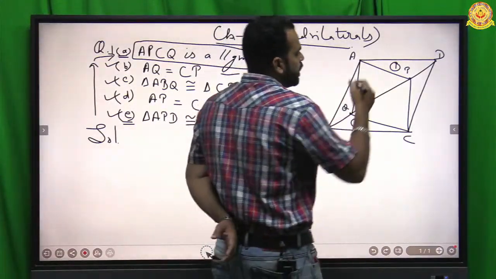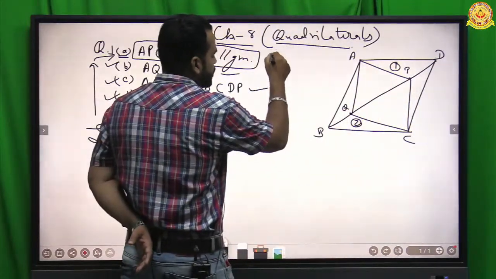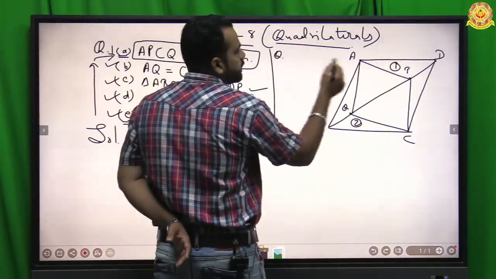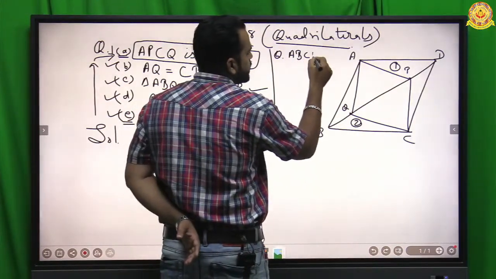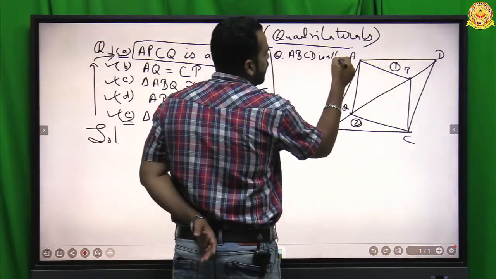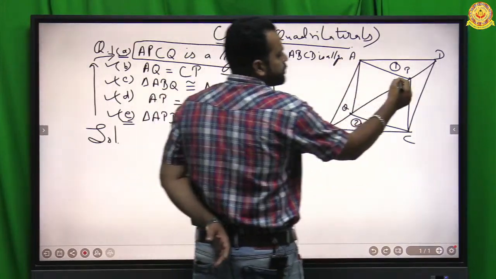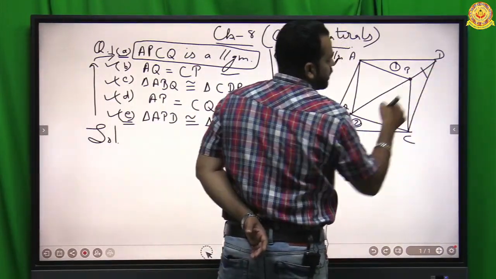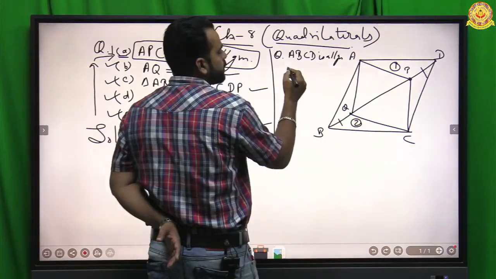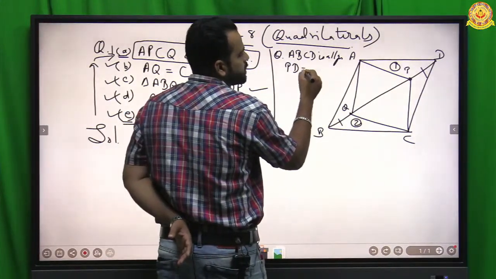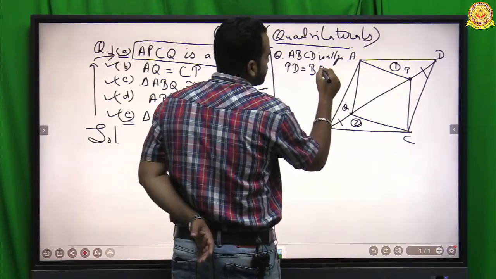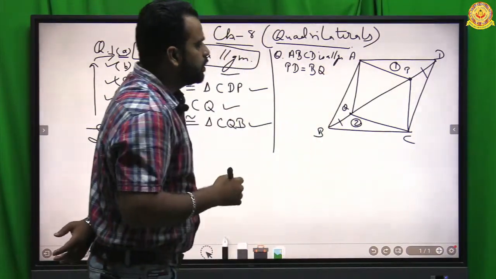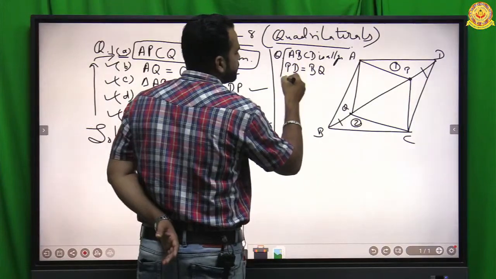Let's see. In the given question, what is the question? ABCD is a parallelogram in which PD is equal to QB. So that much is given in the question.